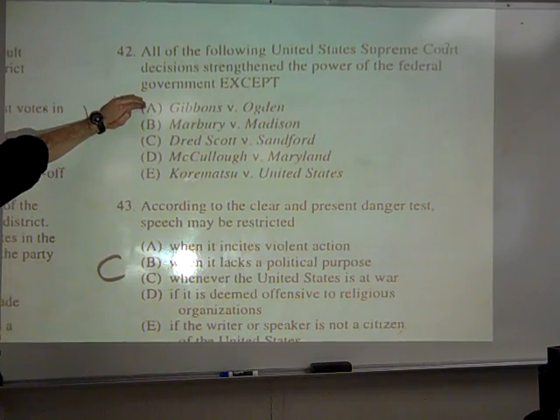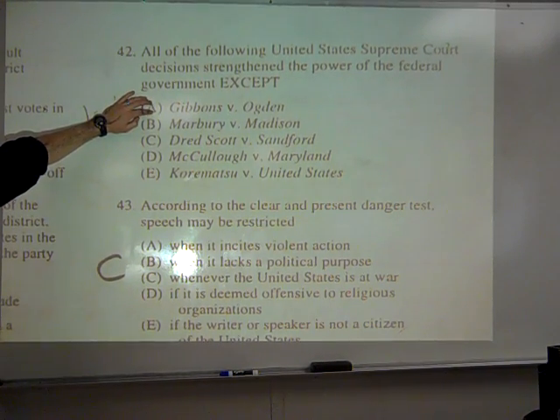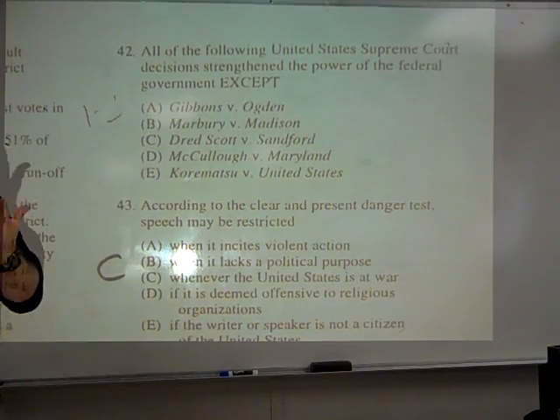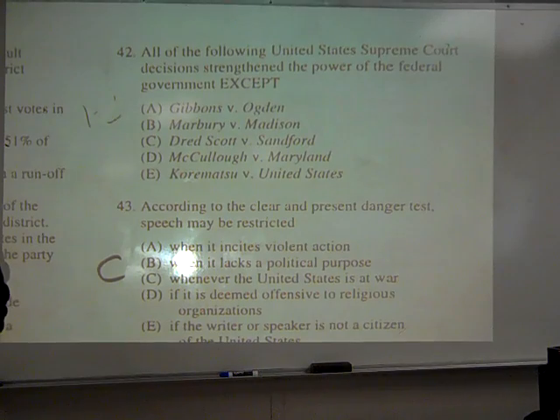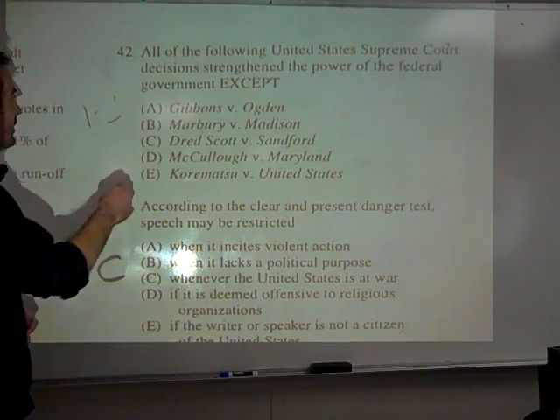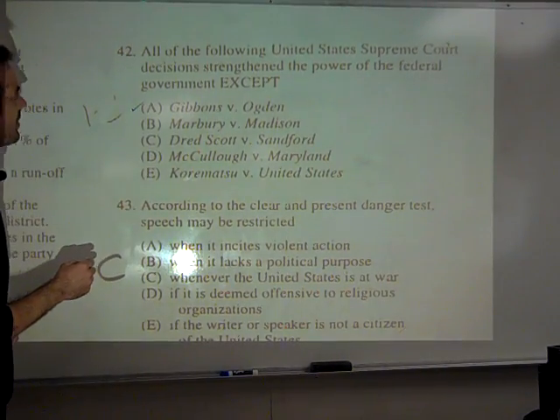Ogden was about the Interstate Commerce Clause, where the court ruled that the Interstate Commerce Clause allows Congress to regulate interstate commerce. This happened to be ferry travel between New York and New Jersey, with conflicting state permission and the national government's permission. The national government's was legitimate because they were regulating interstate commerce. So the national government won there.